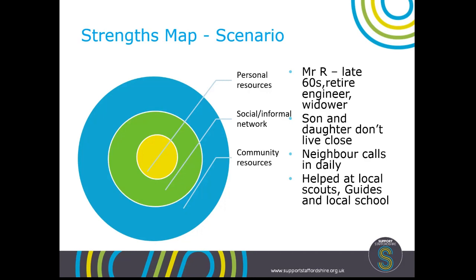So using the annotate, what I'd like you to do is put in what you think the strengths are in this story. What are Mr. R's strengths? What are the social and informal network strengths, and what are the community resources that we could call on to help Mr. R?